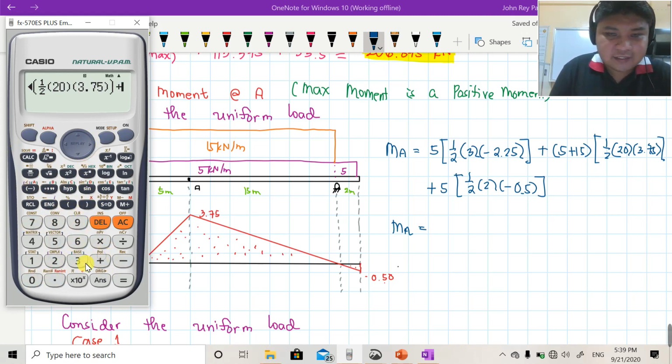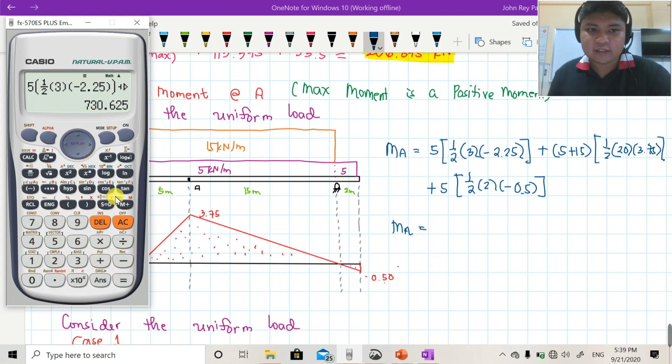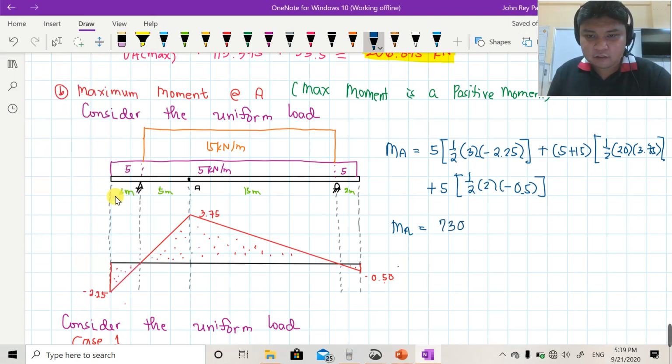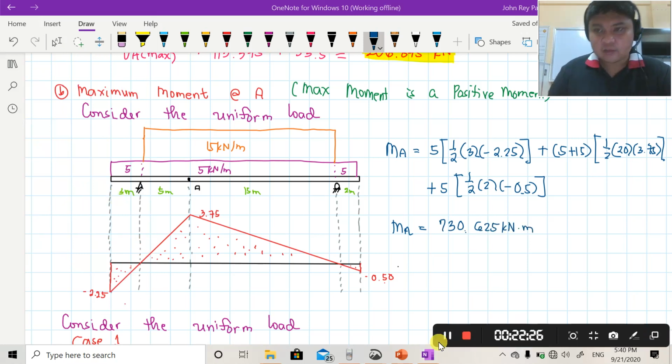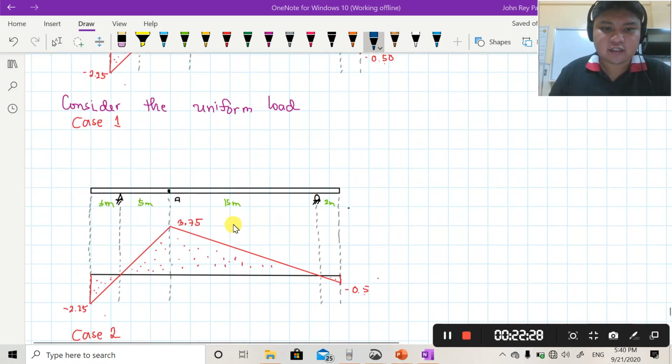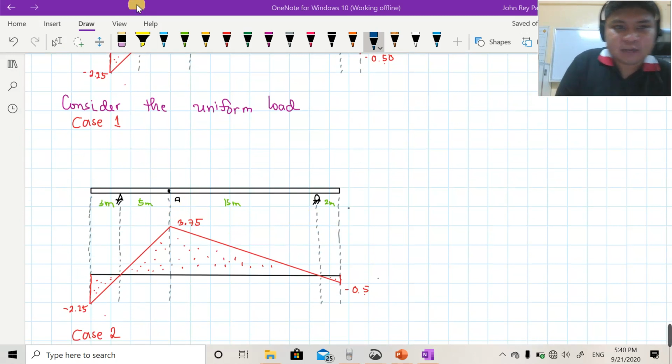So lastly, 5 ulit, tapos 1/2 ng 2, negative 0.5. So the answer will be 730.625 kilonewton meter. So next tayo class, considering na ulit the uniform load, nagkamali lang ako ng label.